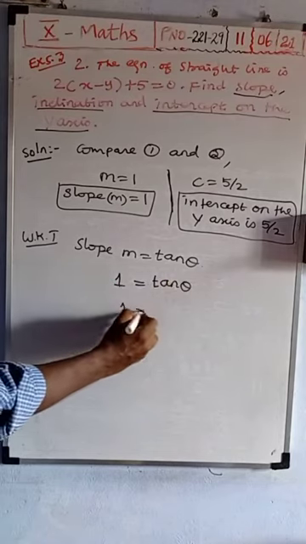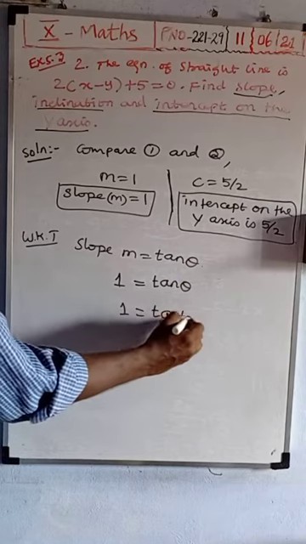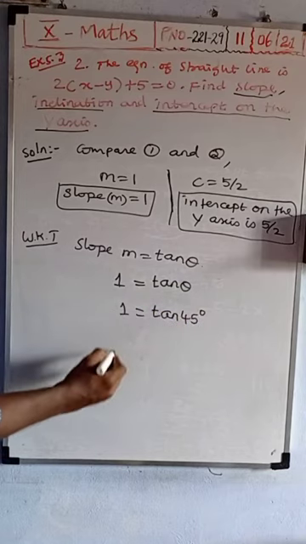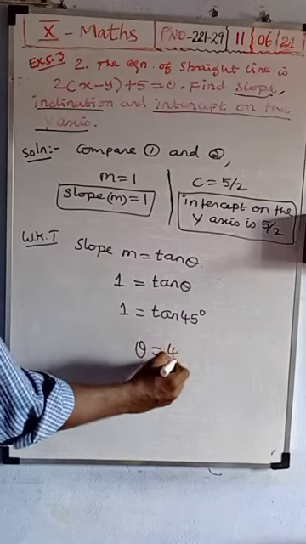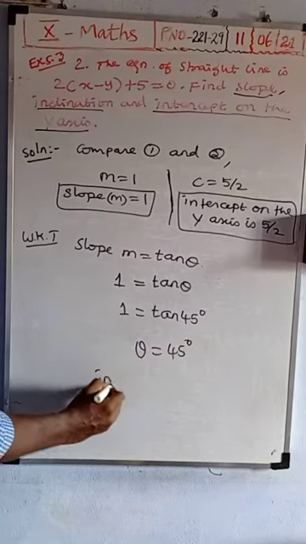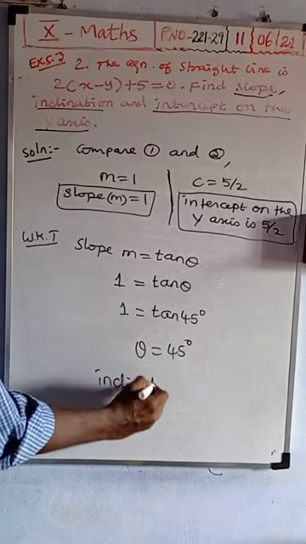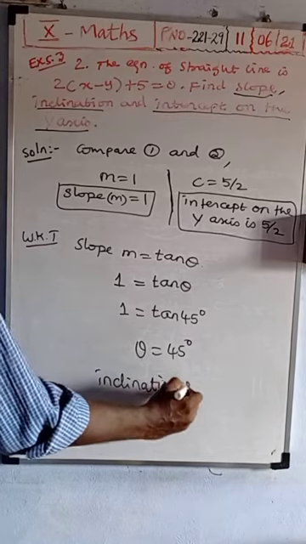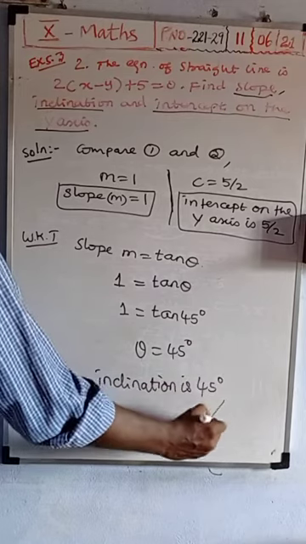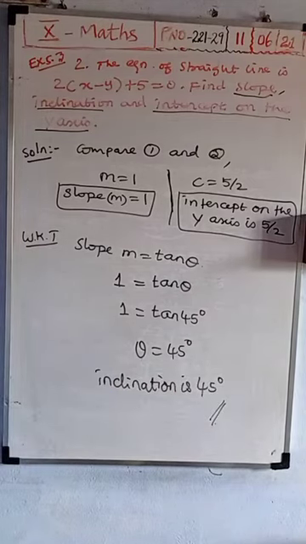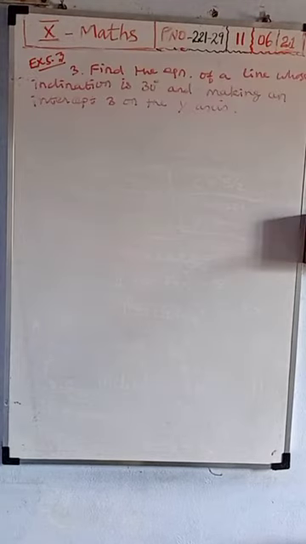Tan of which degree will be 1? Tan 45 degree value is 1. Therefore theta is equal to 45 degree, so the angle of inclination is 45 degree. Okay, that's all. So slope, inclination and intercept on the y axis were asked, and we have received those answers.